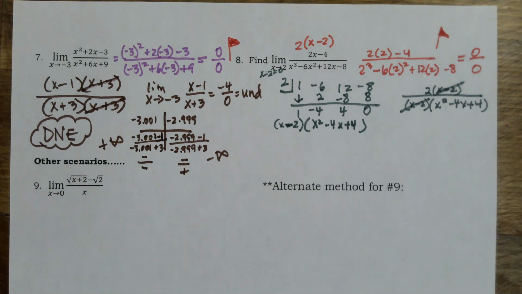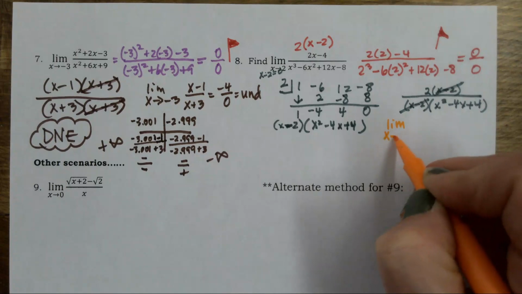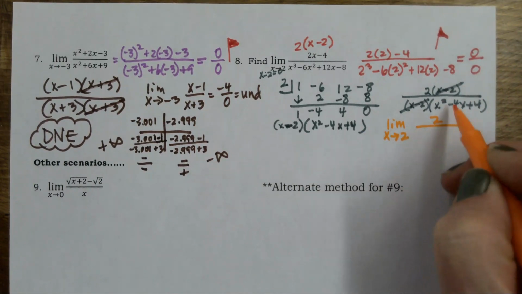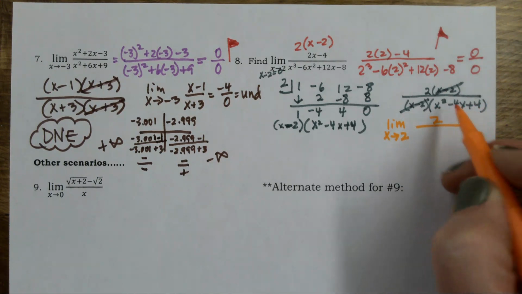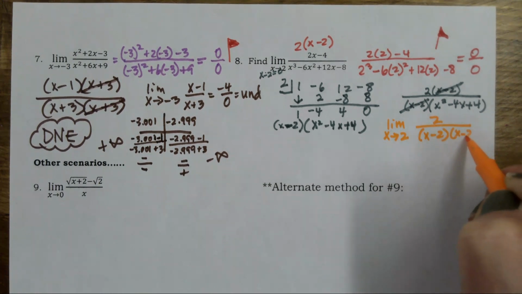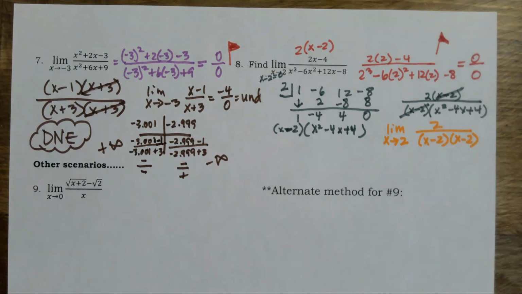All right, so now I'm going to reevaluate the limit. This is the limit as x approaches 2 of 2 over, and I'm going to factor this right away because I can. Looks to me like x minus 2, x minus 2. Does that seem right? I just factored it.